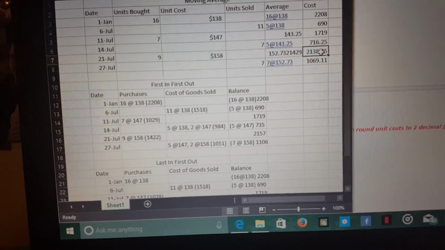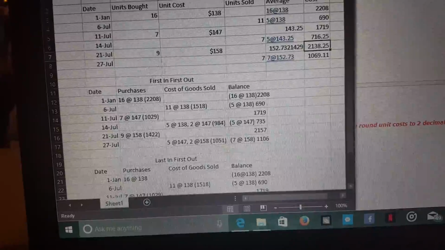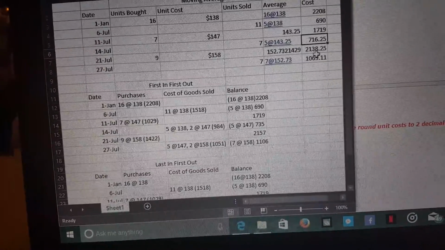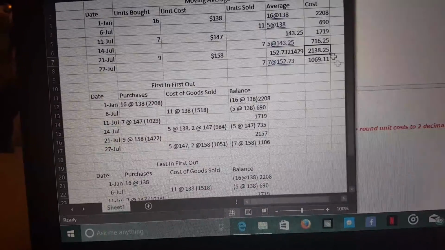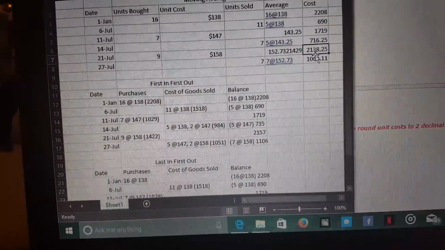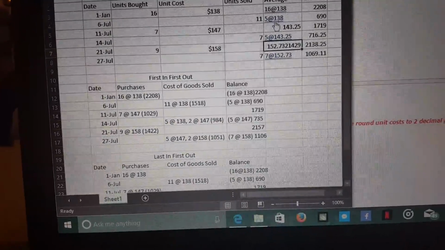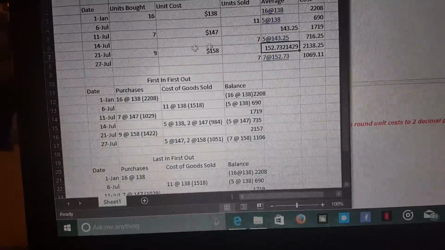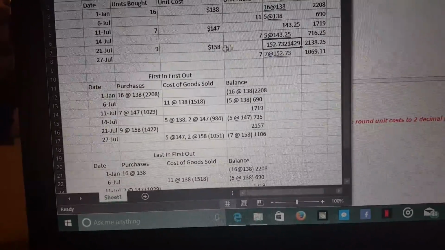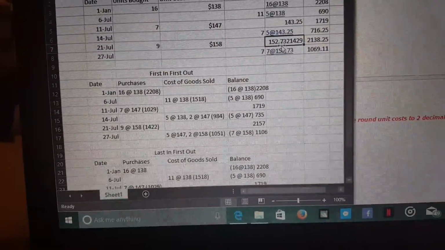So once again, you go here to the cost and do 9 times 158, and then add that to the remaining cost, that is the 1,716 or 716, and you get the 2,138.25. Then you go here to the average and divide that by 14, since you have 5 left and then you buy 9, so you'd have 14 units total.